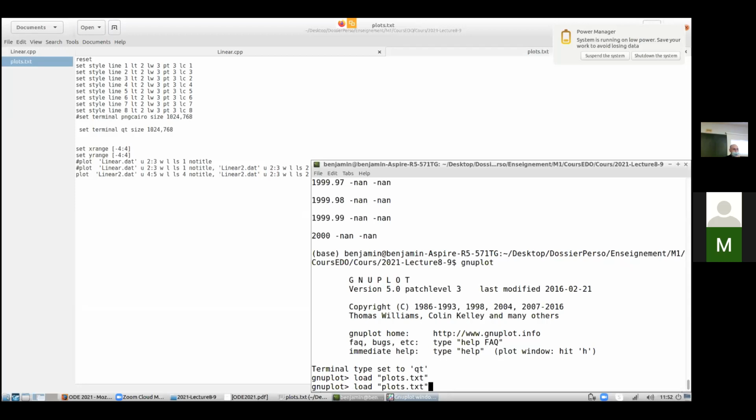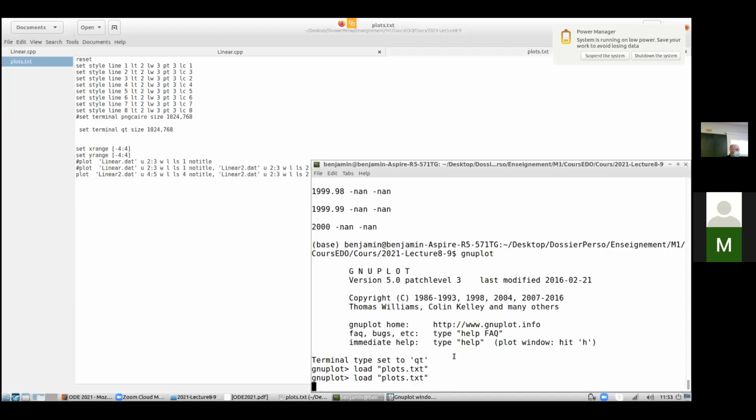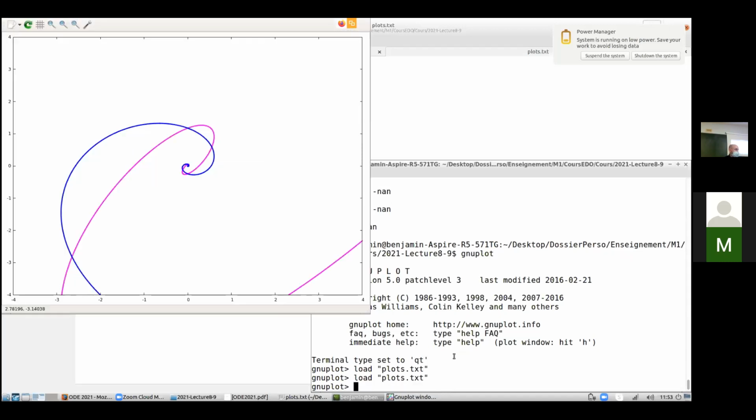So now I'm plotting the solution of the system in y and p times the solution in y, and I should recover the solution of the initial problem. Okay, that's right. That's the same.